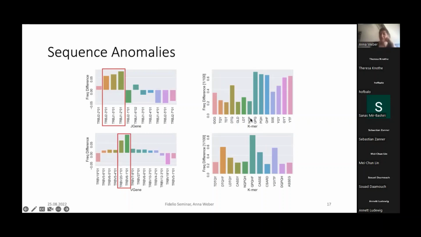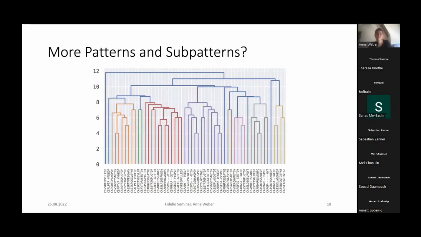I also tried to look at k-mers, sequences of 3 or 5 amino acids that occur more often in these sequences than usual, and I did find some. I'm not yet sure whether they're very meaningful. Since I didn't find a clear sequence pattern in the logo, maybe there are sub-patterns, classes of T-cell receptors that are very similar within a class but not to each other.